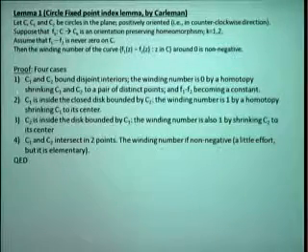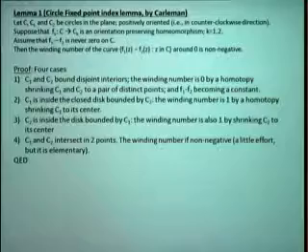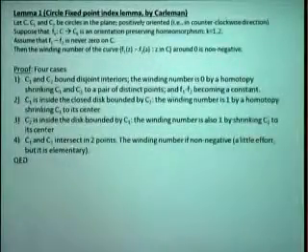In case 2 and case 3, the winding number is 1 because you can shrink the smaller circle to a point. And case 4 is a little bit more interesting, and it takes a little bit more work, when the two circles overlap at 2 points.